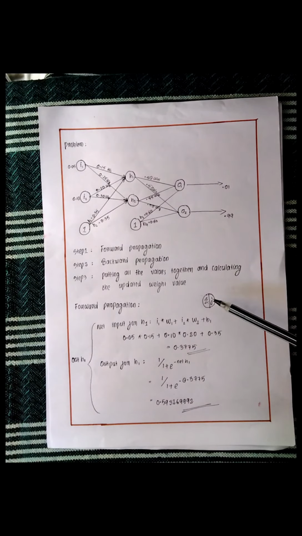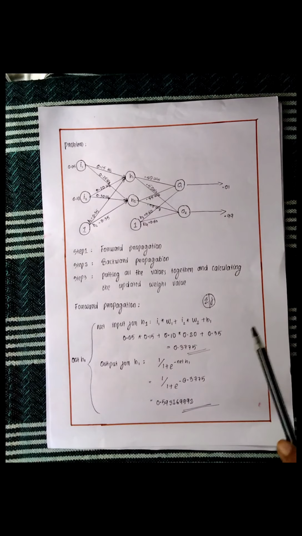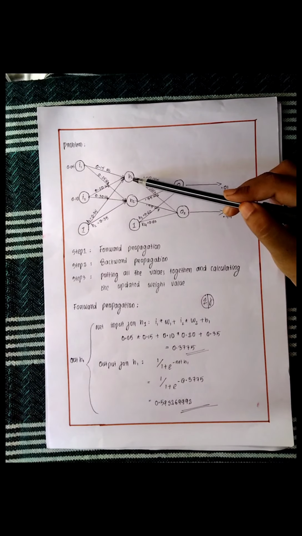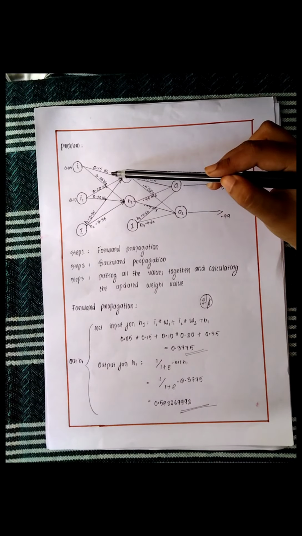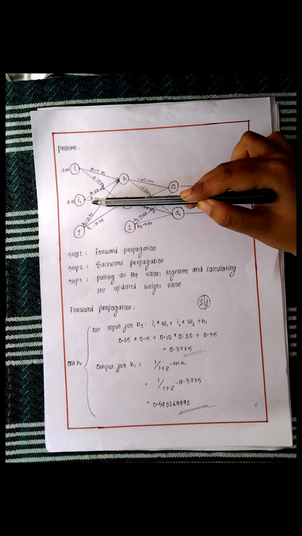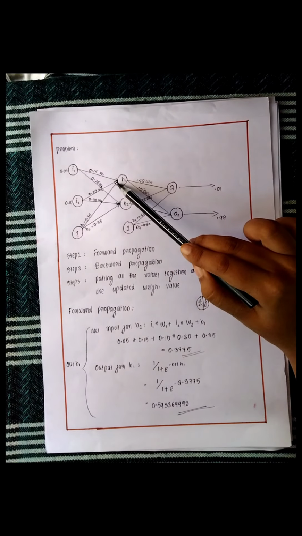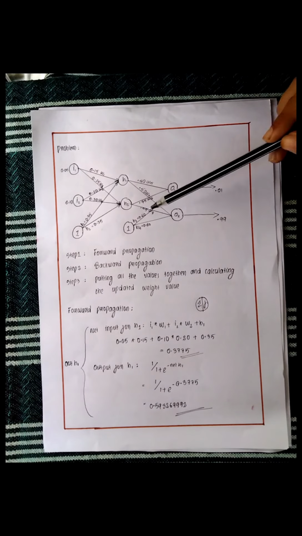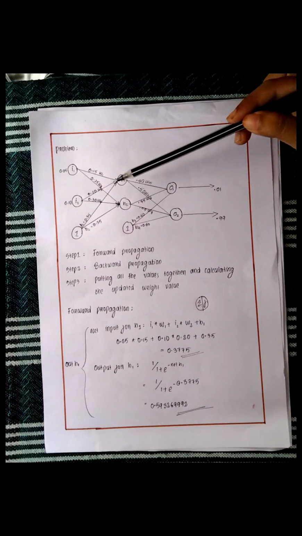In a single neuron, we are performing two calculations. First is the summation part, and then we apply the activation function. In the summation part, H1 is getting input from I1, I2 and bias 1.